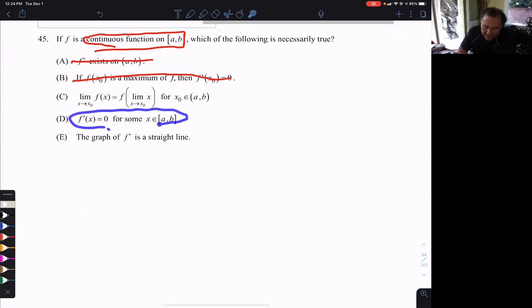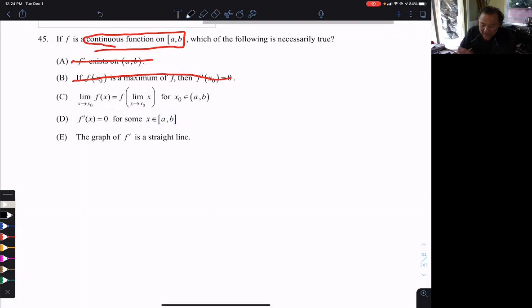Does the derivative have to equal 0? I'm going to say no. I'm going to give you some examples. Here's a continuous function. Does the derivative equal 0 anywhere on that line? No. The only way you're guaranteed the derivative is 0 is Rolle's theorem.